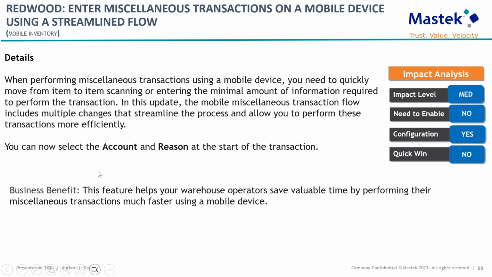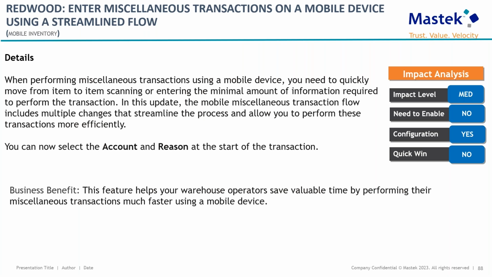Let me move on to the next feature, which is enter miscellaneous transactions on a mobile device using a streamlined flow. This update makes mobile miscellaneous transactions faster and more flexible.